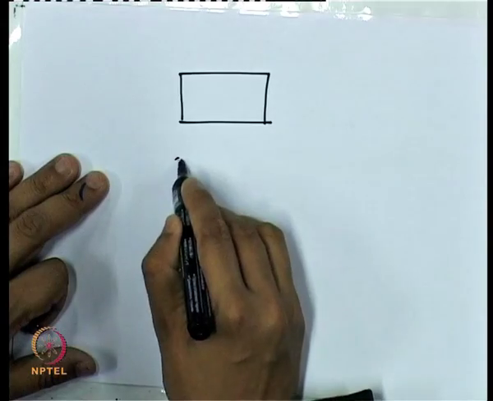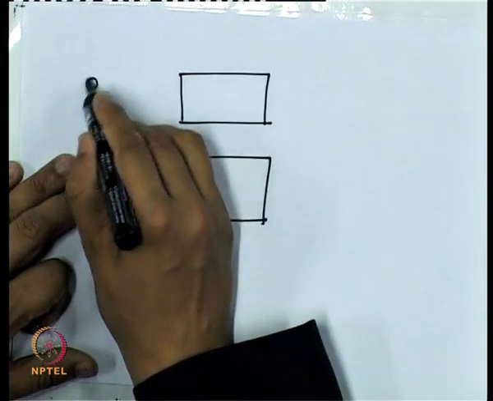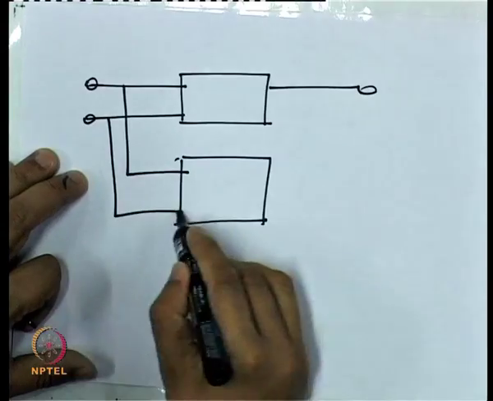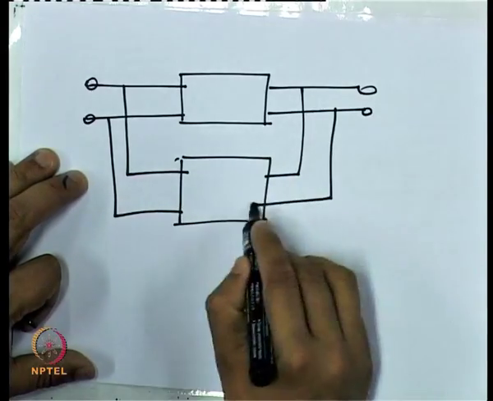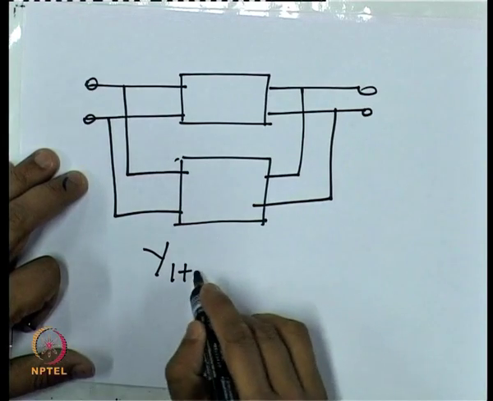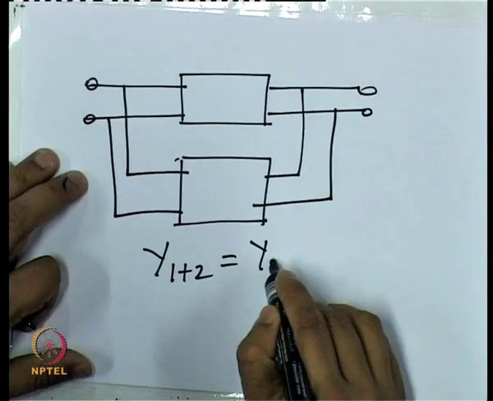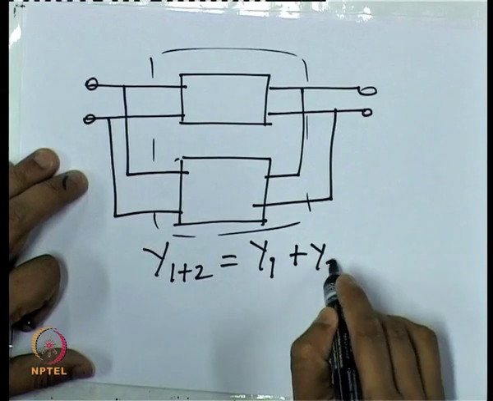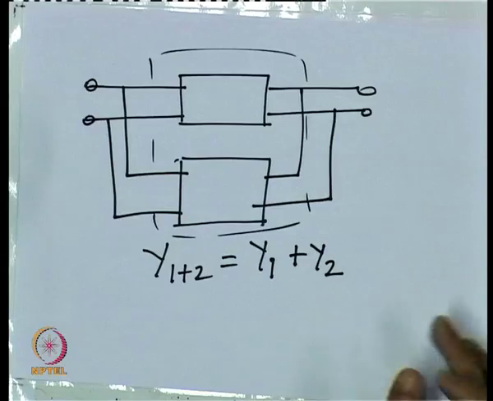Similarly, if two networks are in shunt like this, then the overall Y parameter matrix of the combination is simply the addition of the individual Y parameter matrices. So these were the two cases where the Z and Y parameters might be more convenient than the S parameters.